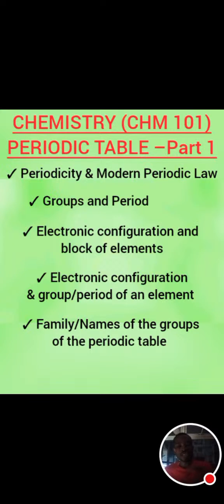So if I write the electronic configuration of an element and I want you to tell me the group of that element, what you have to do is first find out the valence shell. Valence shell is the same as outermost shell, is the same as ultimate shell. And how do you get it? Simply, you can use the highest principal quantum number. There are cases you can also apply the n-1 rule.